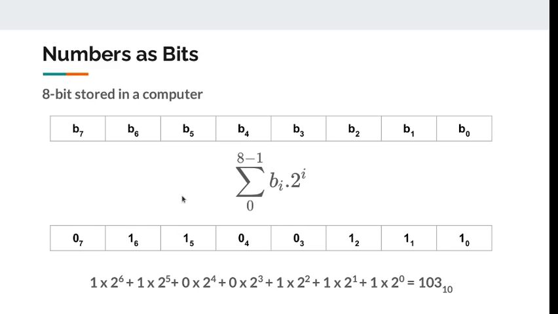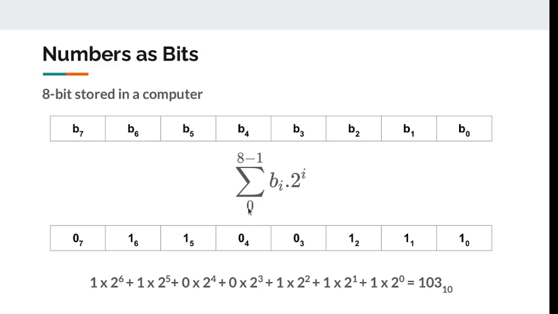But yeah, these numbers have to go inside computers. So, for example, if we have an 8-bit computer, how are we going to store that? It's basically the same equation that we had before.